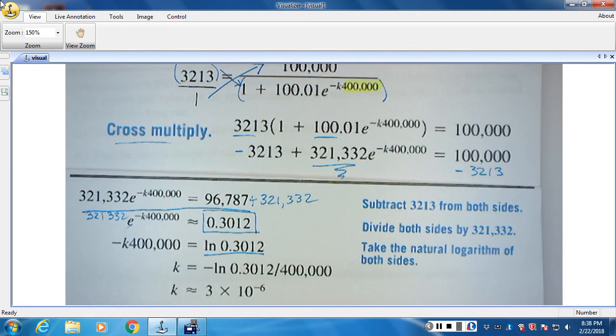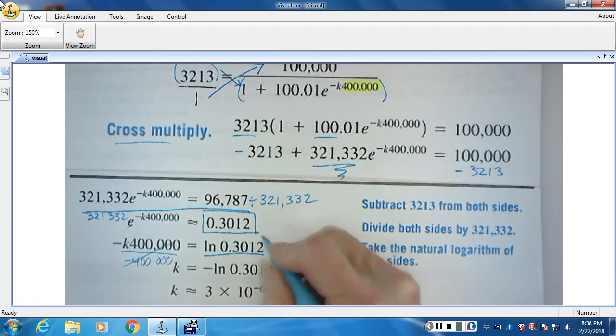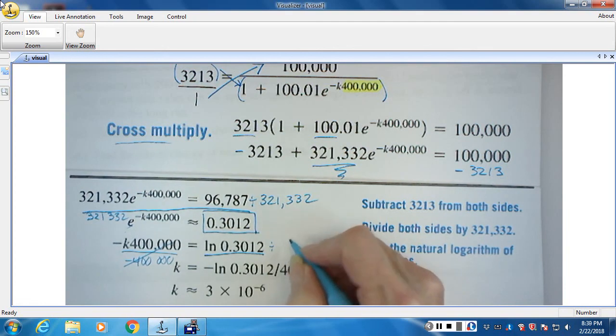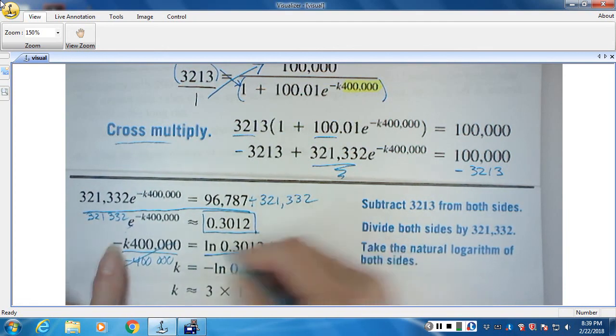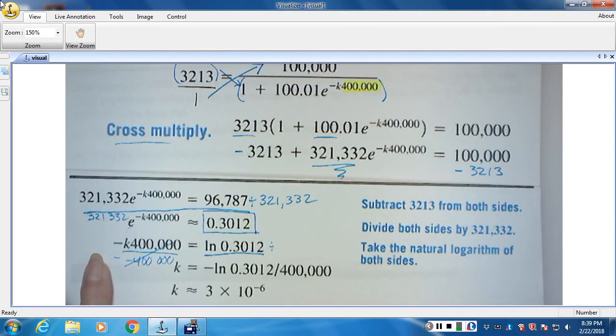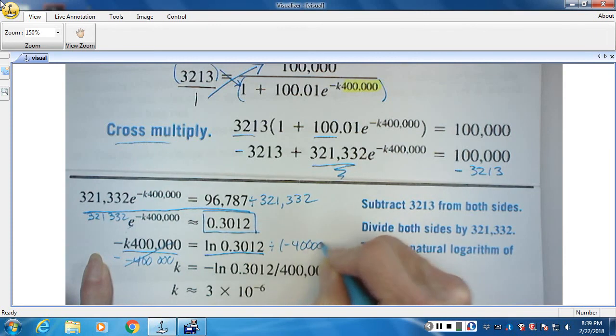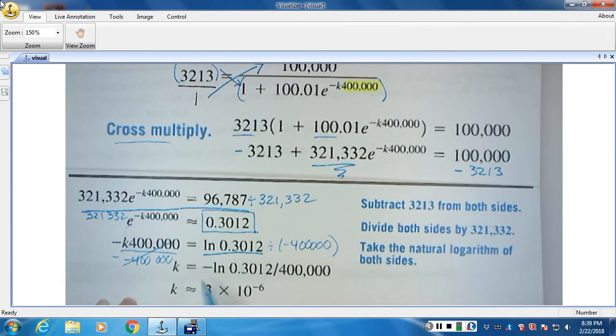Because all you need now to do is to divide both sides by that negative 400,000. I'm sorry, not negative, because that actually you do divide it by the negative so that you can get rid of the negative in front of k, because you want to know the value of k itself. So when you do that, your calculator huffs and puffs and gets cranky on you, but it eventually blows out that number right there.